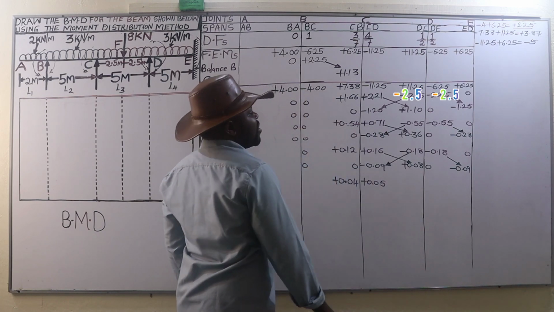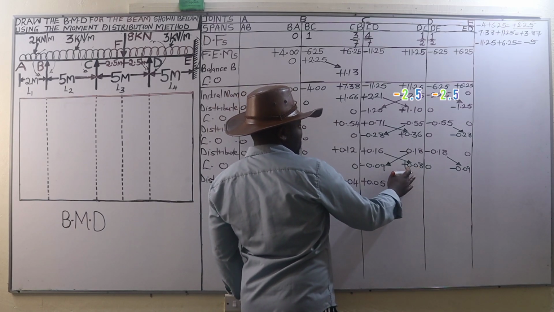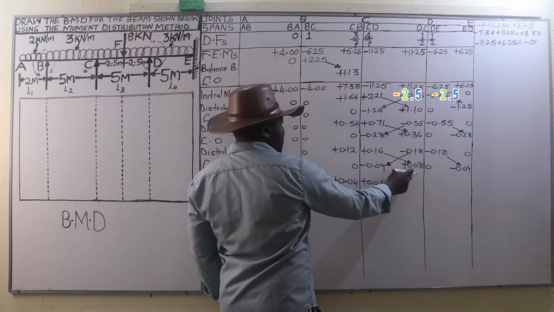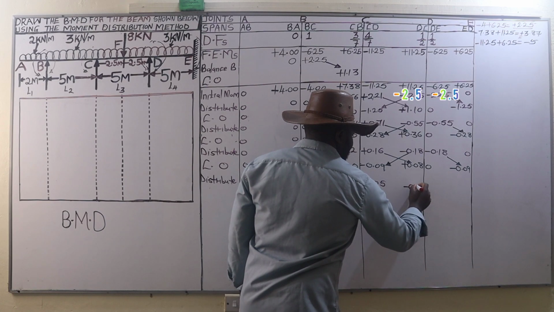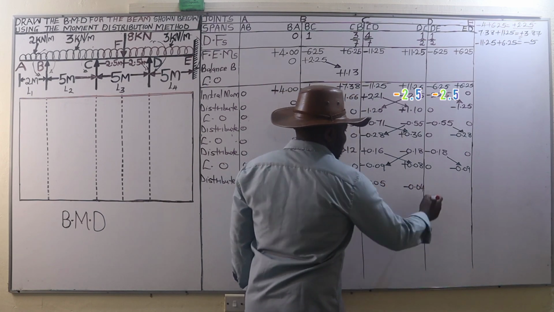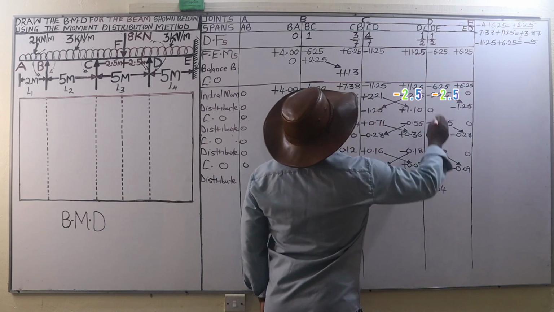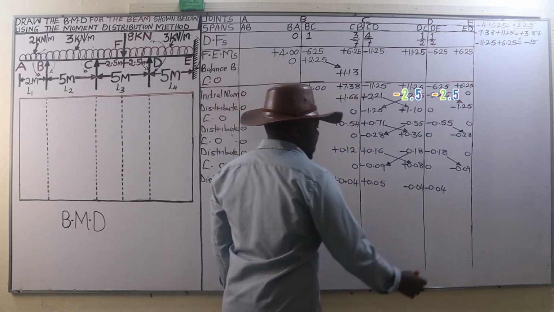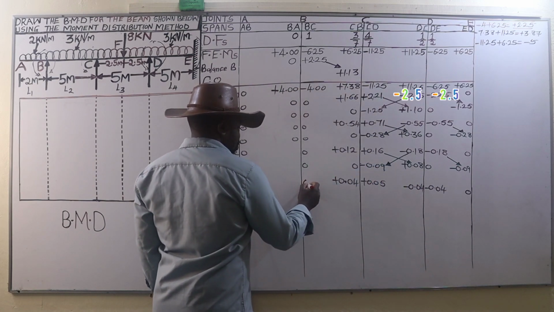Then we come to the joint D, and the excess moment is negative 0.08. You change sign. So half of negative 0.08, that is negative 0.04. On the member DE, the same, negative 0.04, since the distribution factors are similar. And then the other parts, we are going to input zeros.